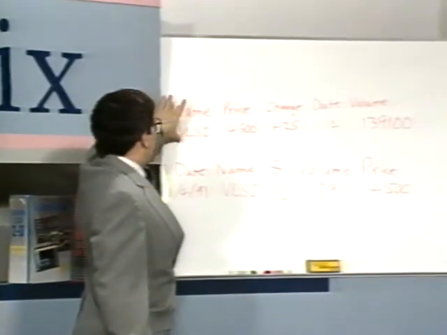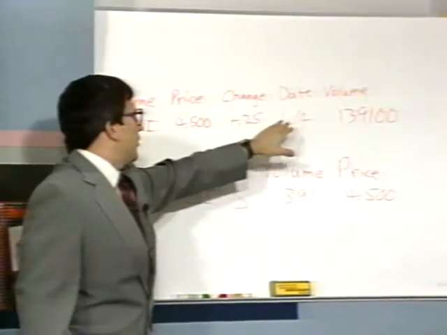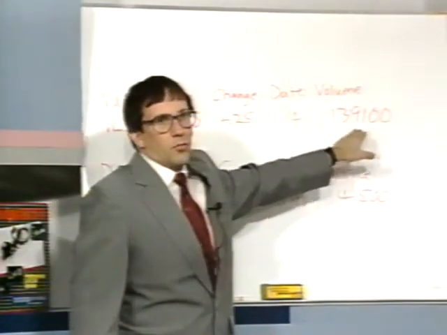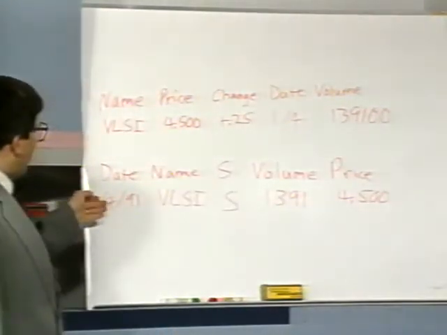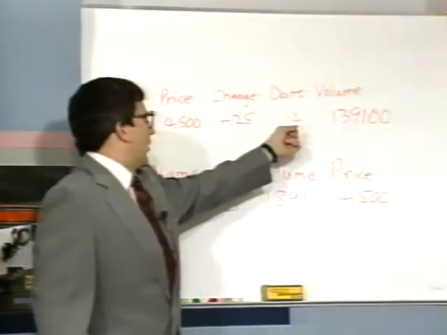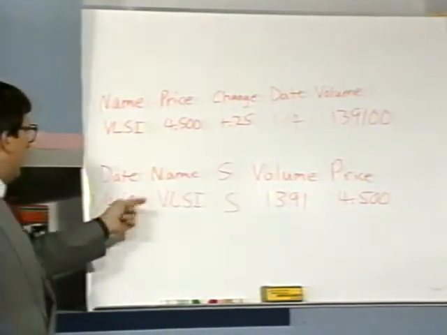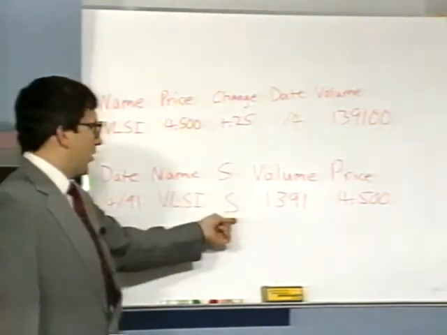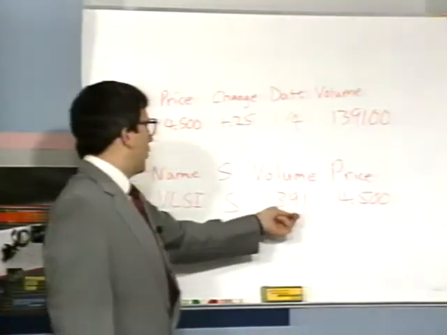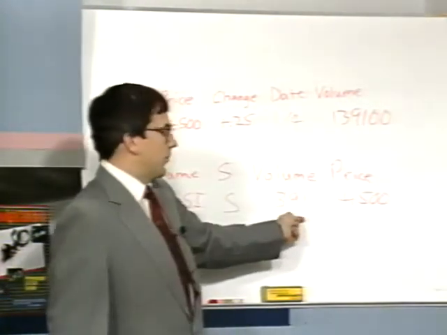The input file has a stock name, price, change, the date, and the volume. The output file should have the date first, and the date on the input file doesn't have the year. We need to add the year to this date. Then the stock name, the letter S, a volume, which we have here, except we need to divide the volume by 100.